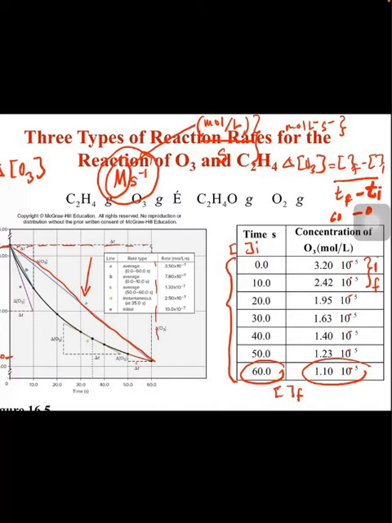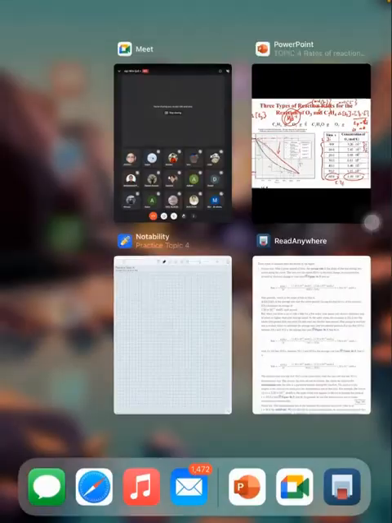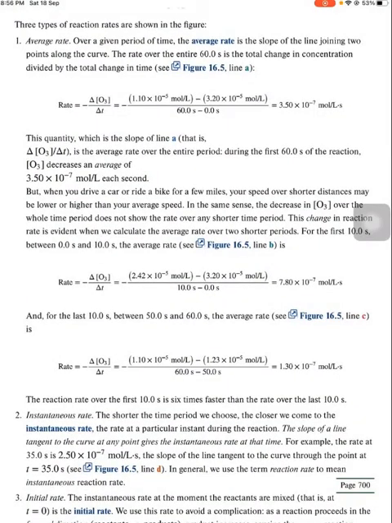Okay, so if you put the value 2.42 times 10 to the power of negative 5 minus 3.2 times 10 to the power of negative 5 bahagi dengan T2 kita 10 tolak kosong kan, T2 tolak T1. So kalau korang kira dia akan dapat negative 2.4 times 10 to the power of negative 5 tolak dengan 3.2 times 10 to the power of negative 5 bahagi dengan our time interval the first 10 second.